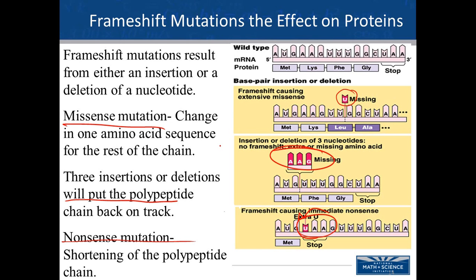An example of a frame shift mutation that is detrimental is Tay-Sachs disease. This is an autosomal recessive disorder marked by a degeneration of both mental and physical capabilities. At its worst, death usually occurs around the age of 4, although both juvenile and late onset forms of the disease have been observed. It's caused by a buildup of a particular lipid in the brain that's normally broken down by an enzyme called hexoaminidase.